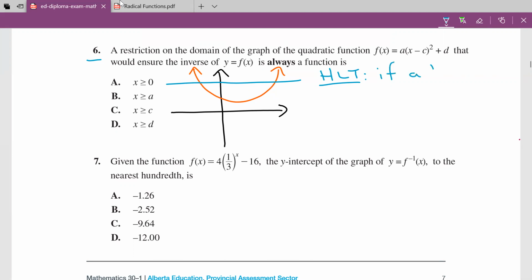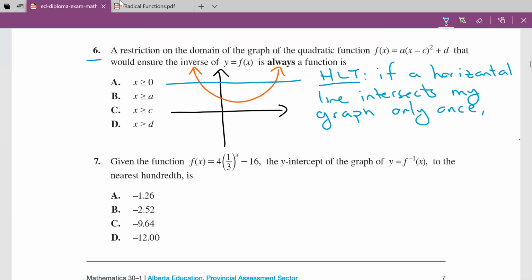If a horizontal line intersects my graph only once, and here's the most important part, because so far it sounds the same, the inverse is a function. If a horizontal line intersects my graph only once, the inverse is a function.